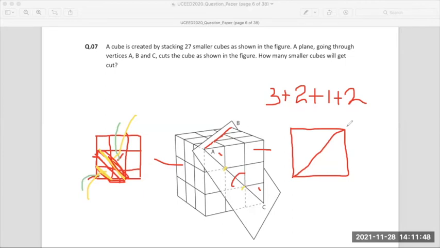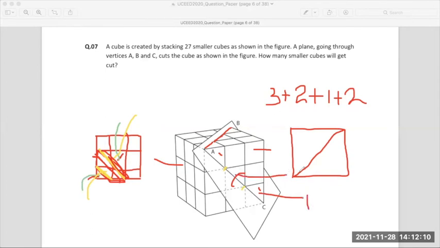No, ma'am. Nahi? Okay, why not? In the first row, 3 cubes will be cut, and in the last one will be cut. So in between, only 2 will be cut. So you're saying in the first row, in this row, 1 cube will be cut.